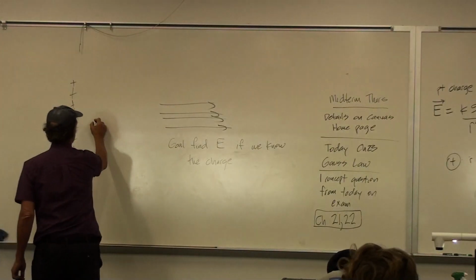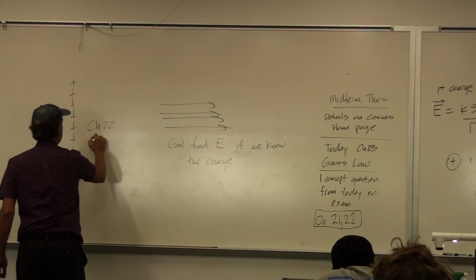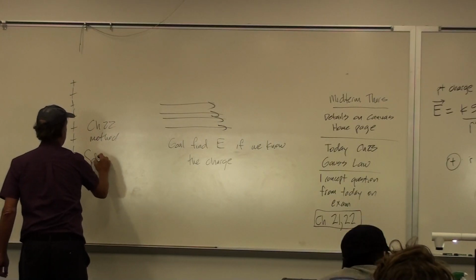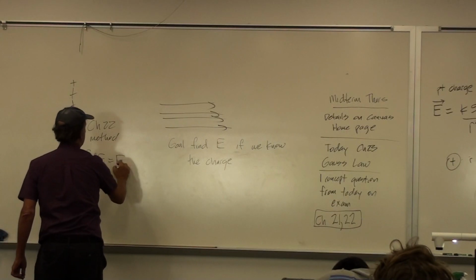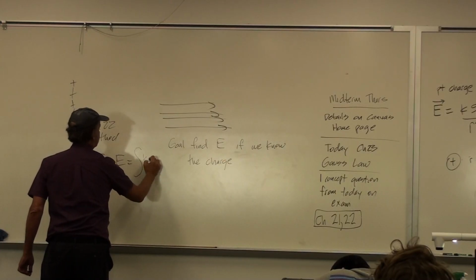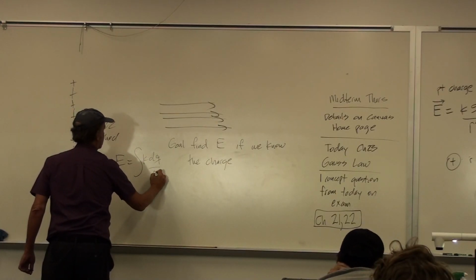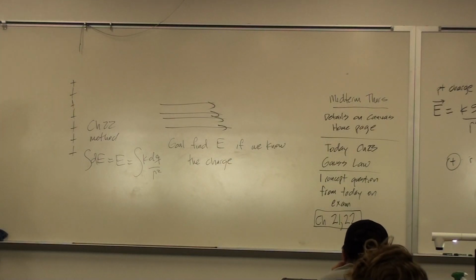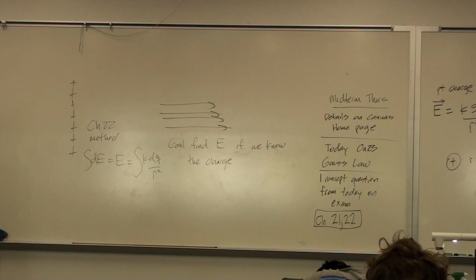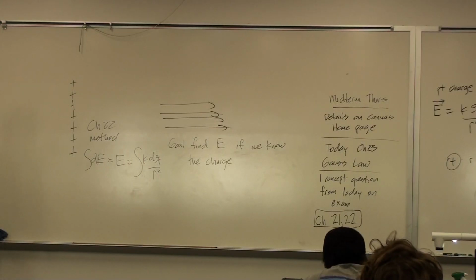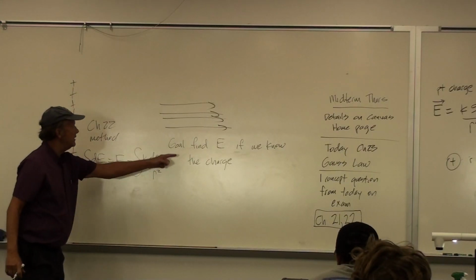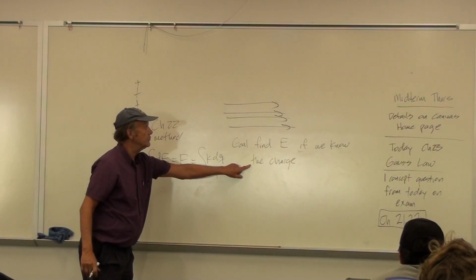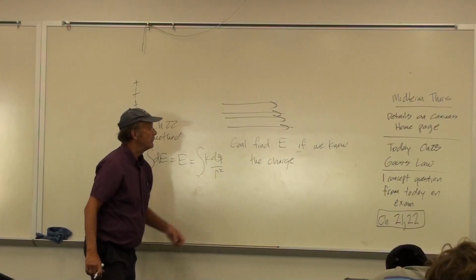In chapter 22, we wrote the integral of dE equals E. That's the integral of k dq over r squared. And we have many variations on this. But we just integrated a bunch of little dE's to get the total electric field. So here, we're going to get it from the charge distribution in Gauss's law. So that's what we're trying to do with this expression.